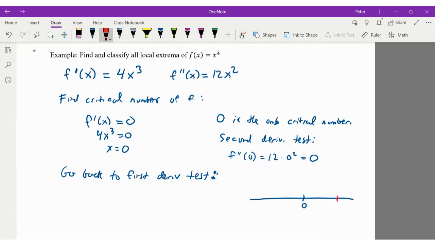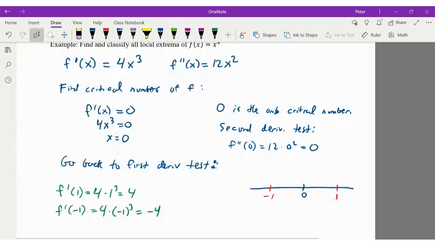The easiest values to pick are 1 and -1. So f prime of 1 is equal to 4 times 1 cubed, which equals 4, and f prime of negative 1 equals 4 times negative 1 cubed, which equals negative 4.